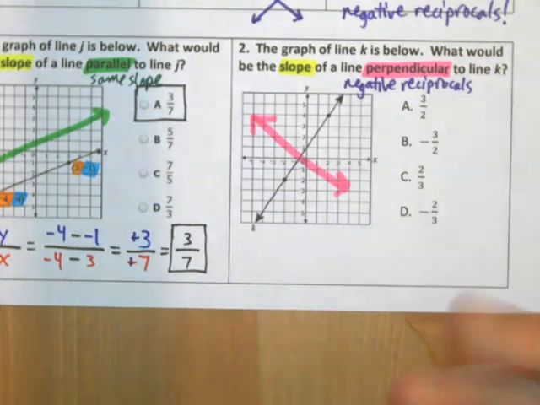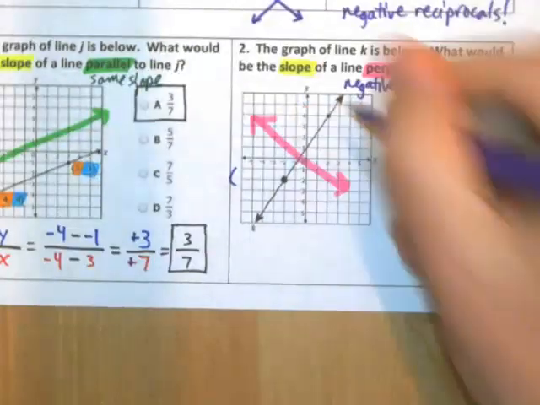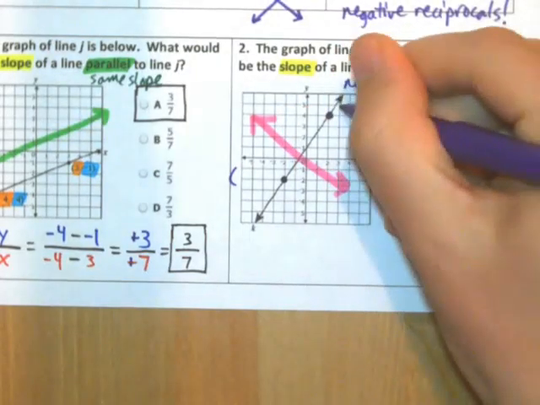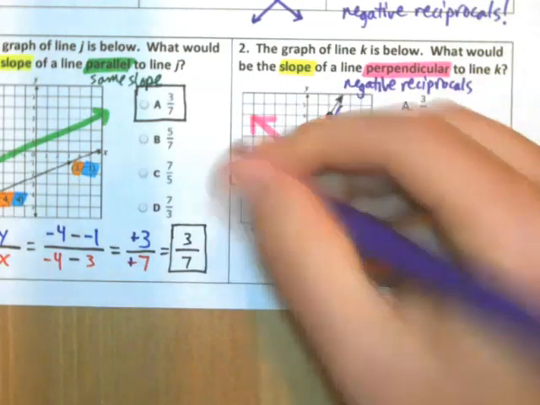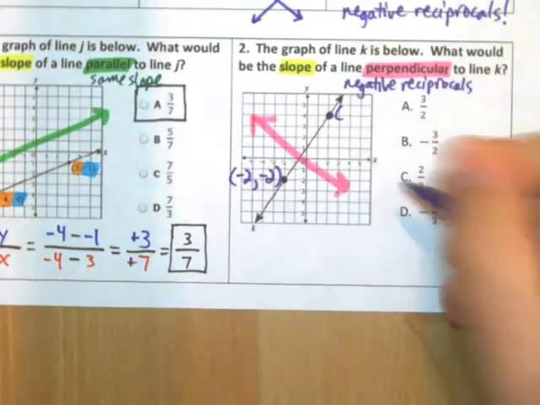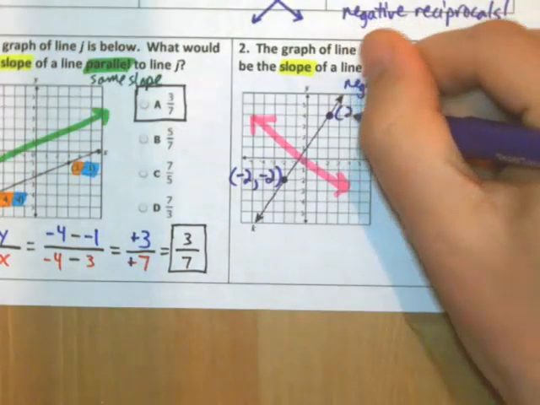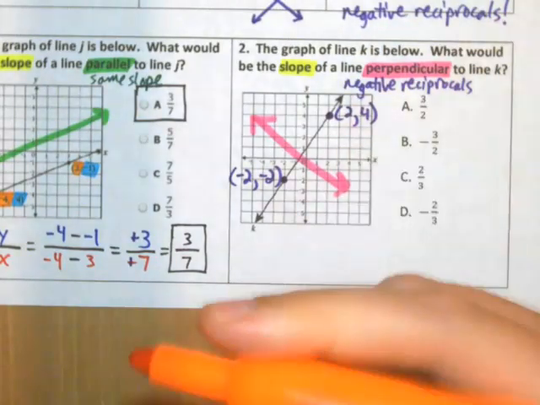Let me get some coordinates on here for these 2 points that we have on line K. Down here, we're going to have -2, -2, and up here, we're going to have 2, 4. I'm going to color code these again.